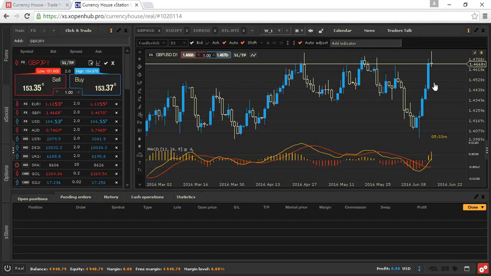If we get another poll, and I don't think we'll probably see one until tomorrow, unless there's one that comes out that is not on the calendar, and the next poll shows that we're tied or somehow the leave camp runs ahead of the remain camp, well, then we could be off to the races on the downside. And that is an asymmetric trading opportunity.